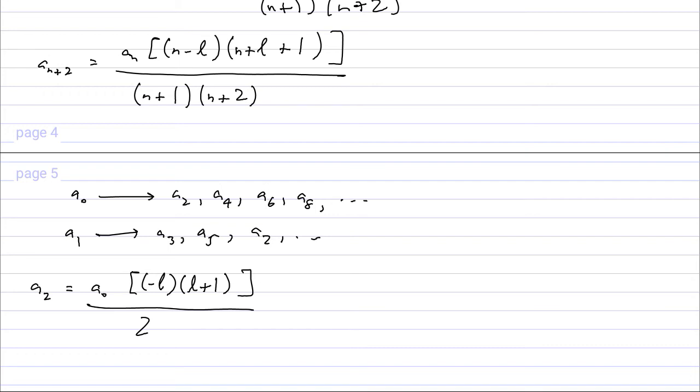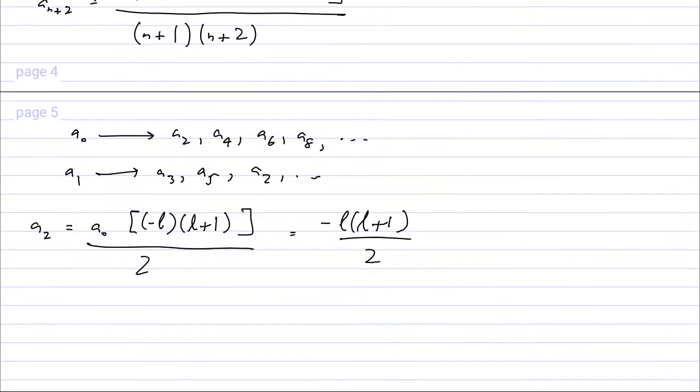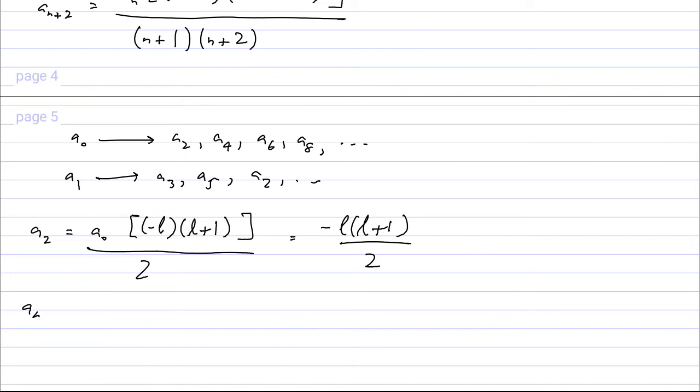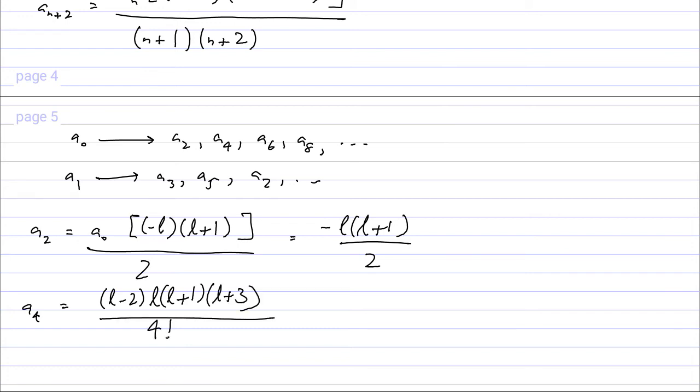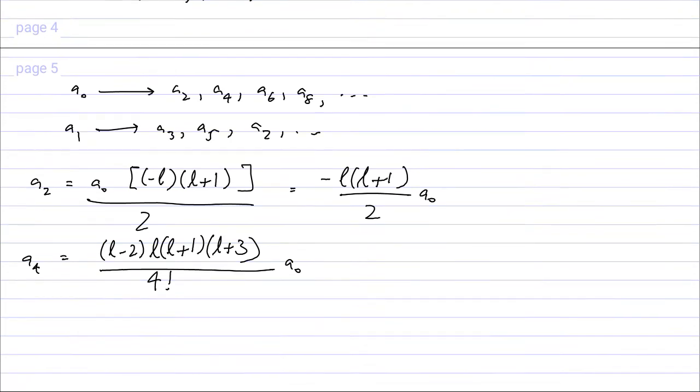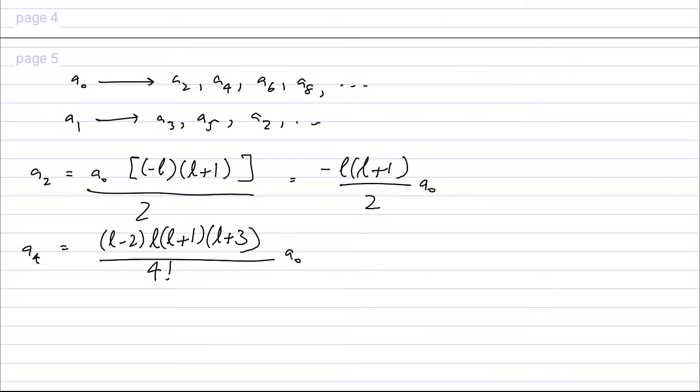So a2 is equal to minus l(l plus 1) over 2, times a naught. And then you can find A4 similarly, which is going to be given by (l minus 2) l (l plus 1)(l plus 3) divided by 4 factorial, times a naught, and so on and so forth.